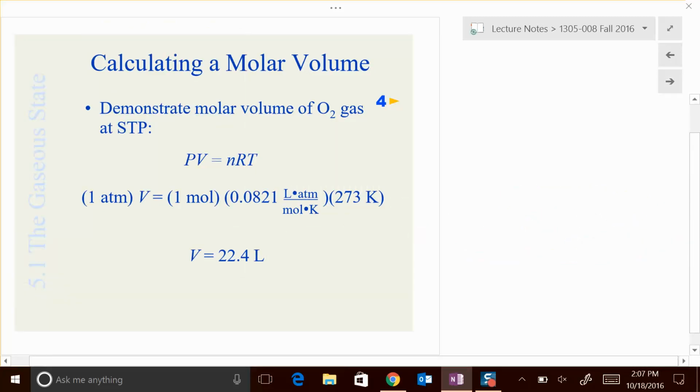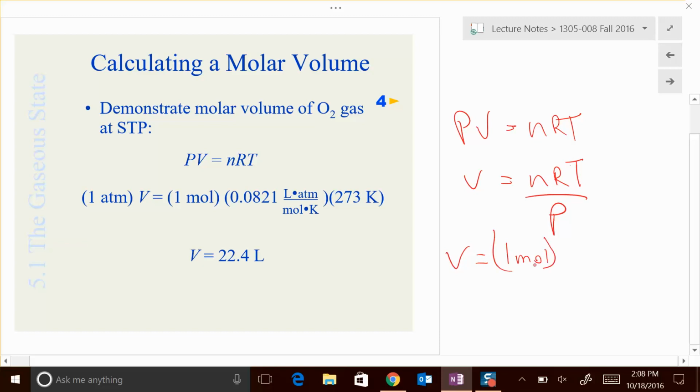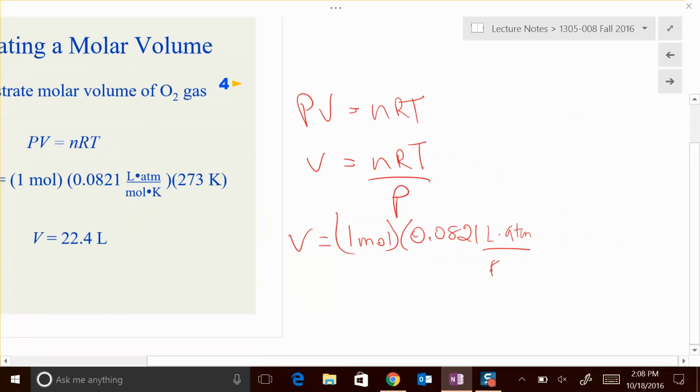Right here. Okay? So what if I wanted to solve for the volume? Well, if I solve for it, now PV equals nRT. I want to solve for the volume, so volume equals nRT over P. So I get volume equals the moles, 1 mole, R is a constant, it never changes, 0.0821 liter atmospheres over Kelvin moles times my temperature of 273 Kelvin.